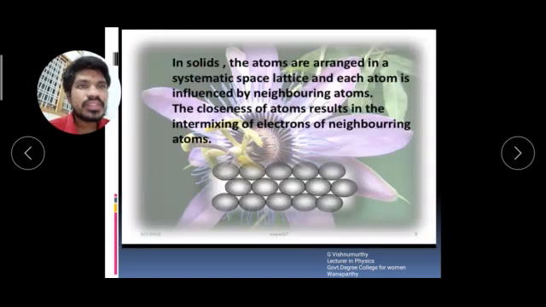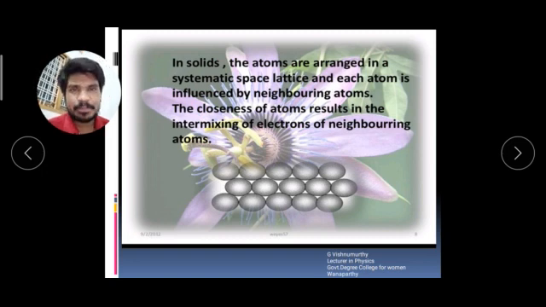Now, in solids, the atoms are arranged in a systematic space lattice and each atom is influenced by neighboring atoms. The closeness of atoms results in the intermixing of electrons of neighboring atoms.